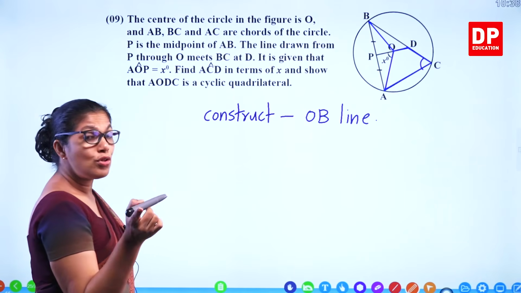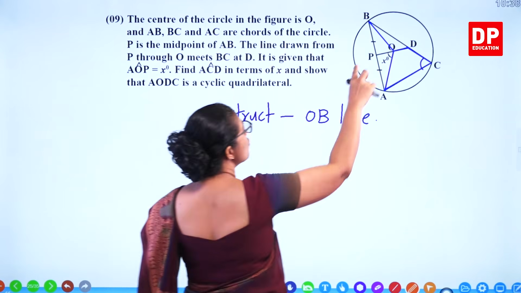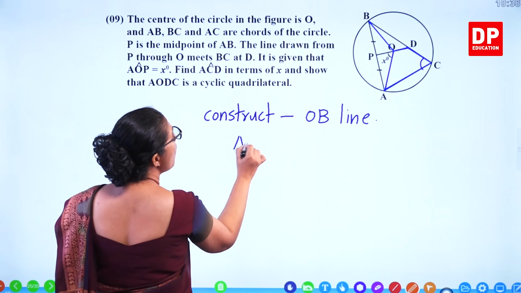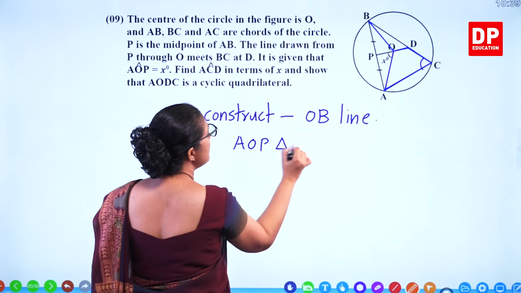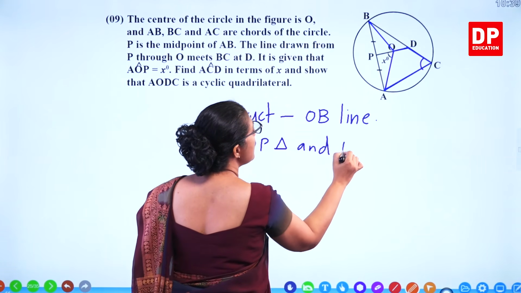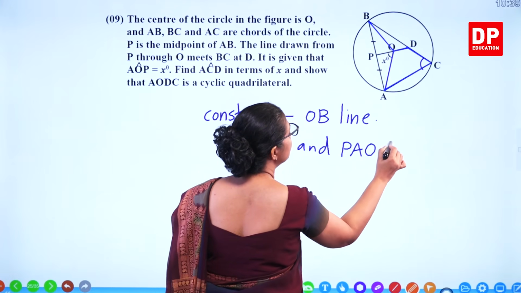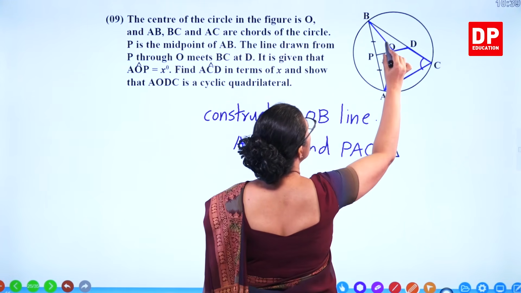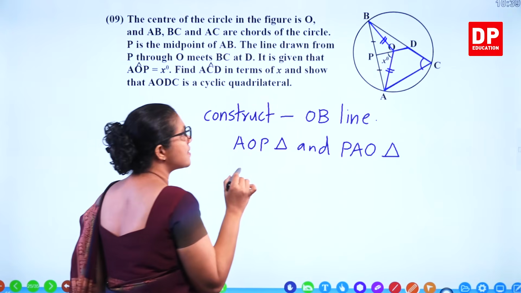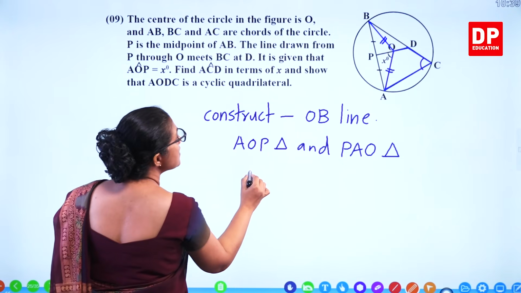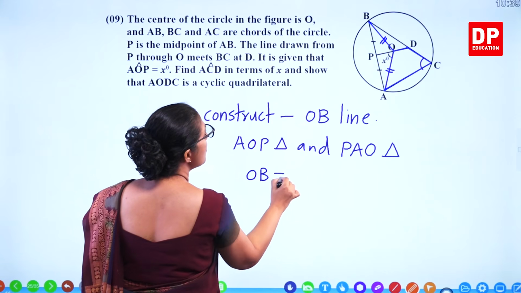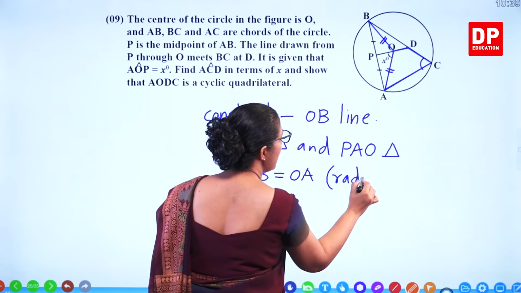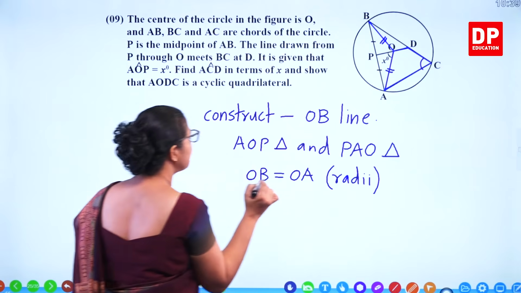And we'll try to prove that these two triangles are congruent, triangle AOP and triangle BOP. These two lengths are equal. Why? Radius. So we can say OB is equal to OA, radii, because that's the plural term.